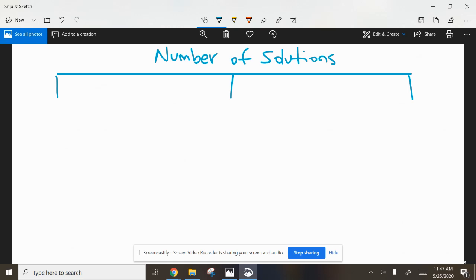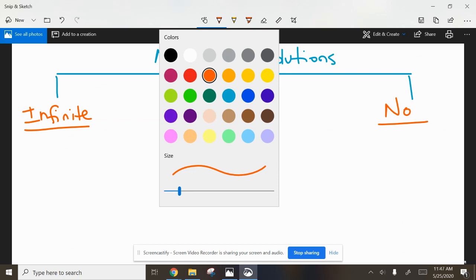The choices for number of solutions are the one we did a lot of, infinite solutions, one solution, only one answer, or no solutions. Okay, so draw this out in your thinking map.